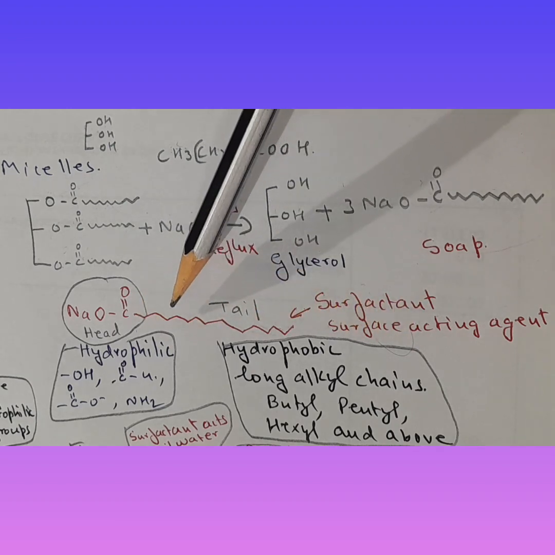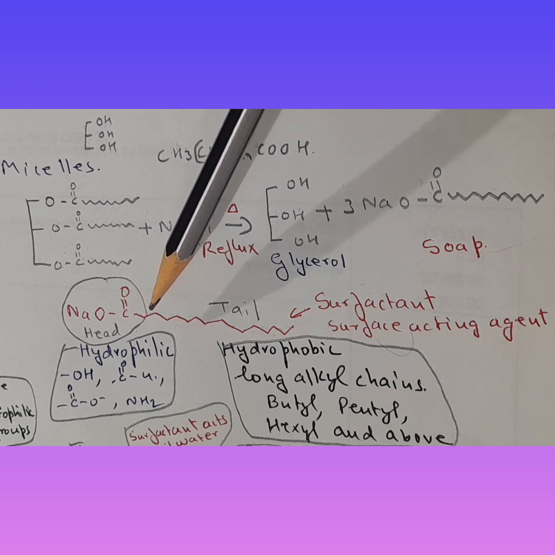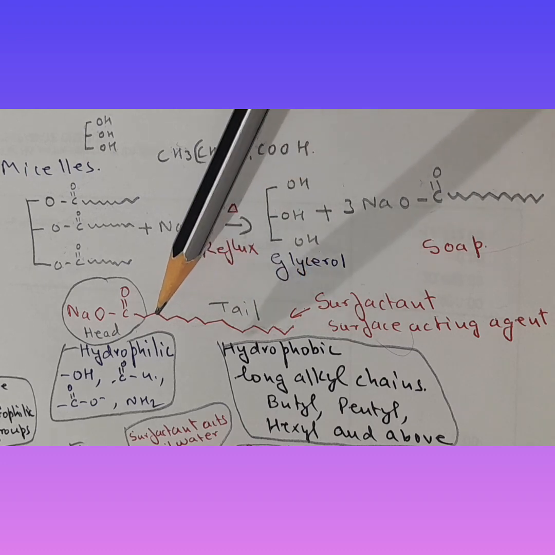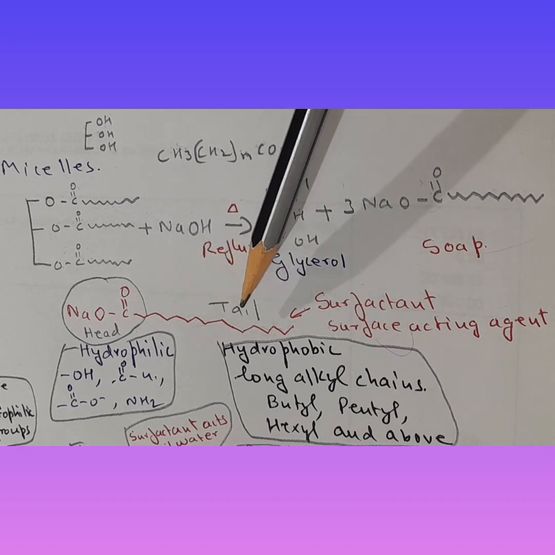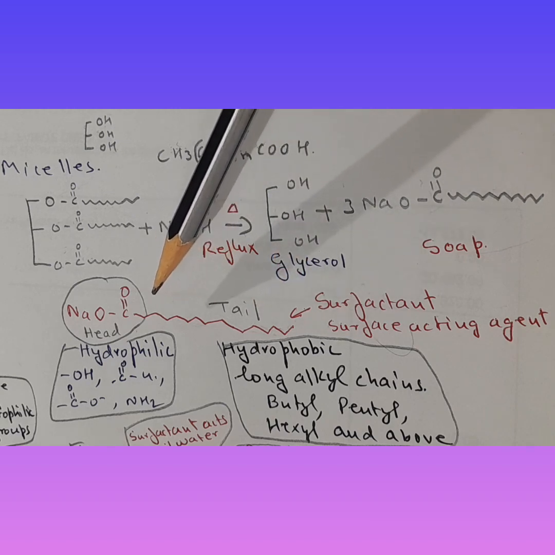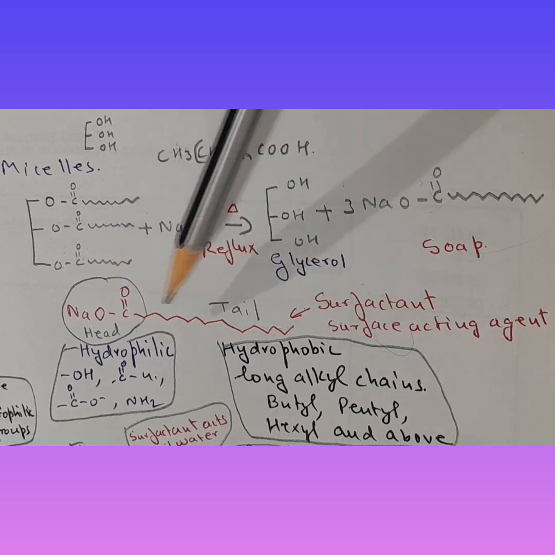For example, better than lauric would be myristic, then palmitic, then stearic: C12, C14, C16, C18. So C18 would be the best lipophile, and C12 would be a bit poorer lipophile with respect to stearic.